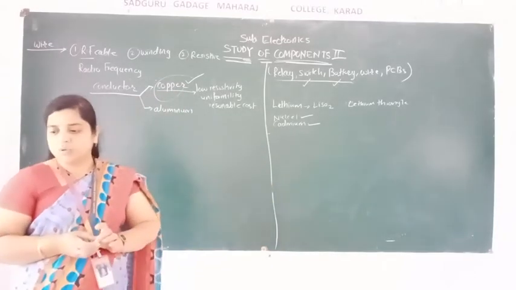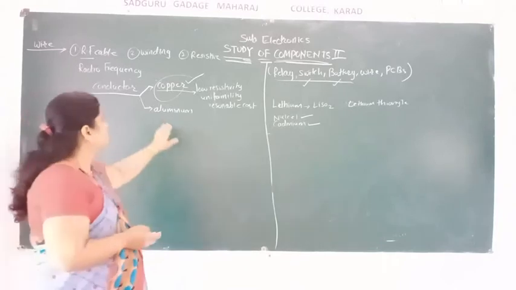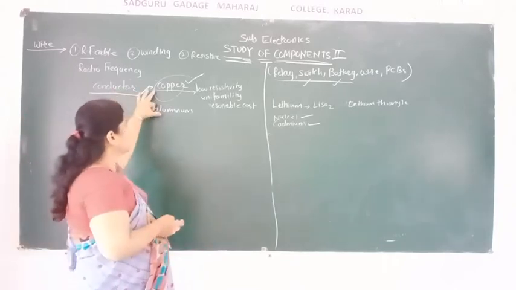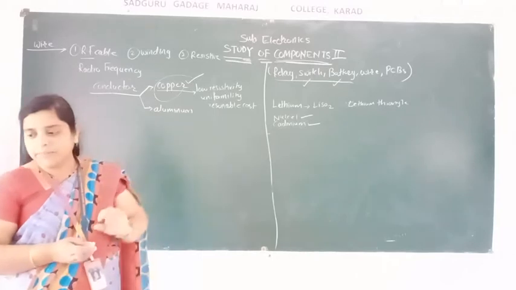Aluminum wire is also used. Conductors are mainly of two kinds, copper wire and aluminum wire.